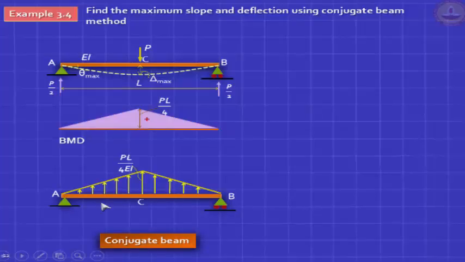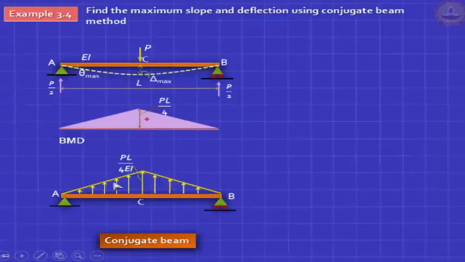So in my conjugate beam, simply supported beam, I have this distribution of loading, which is nothing but the same bending moment diagram divided by EI. So the maximum value will be at the midspan, and this ordinate divided by EI.